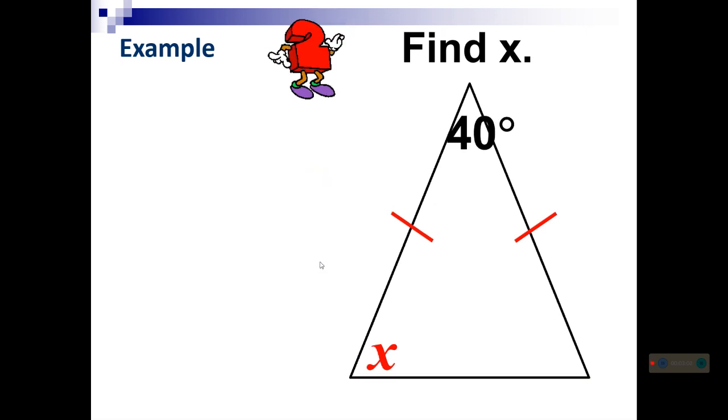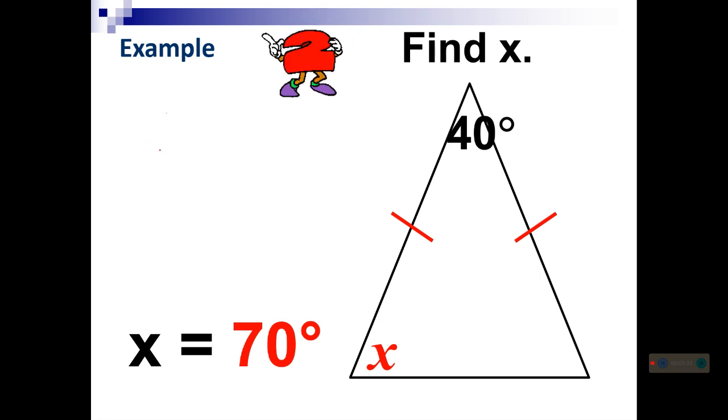For our second example, let us have this one. We have here the vertex angle is 40. So you are going to find one of the base angles. So you will have here, okay, that is correct. We have 70. So how did we get 70?